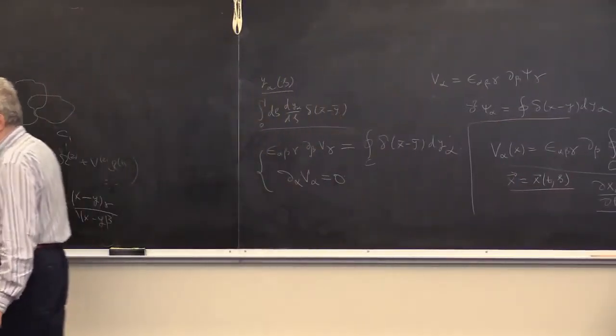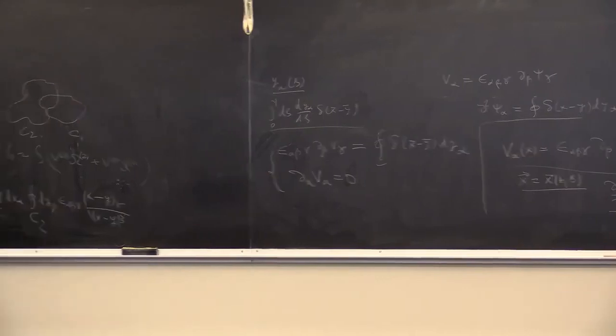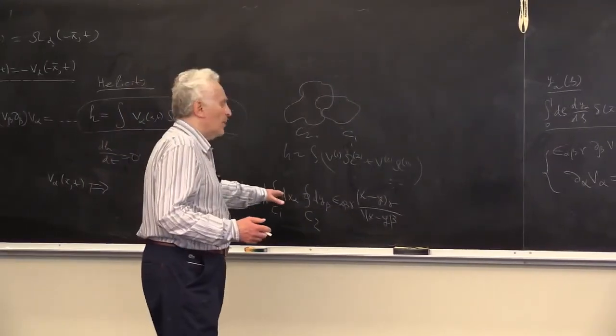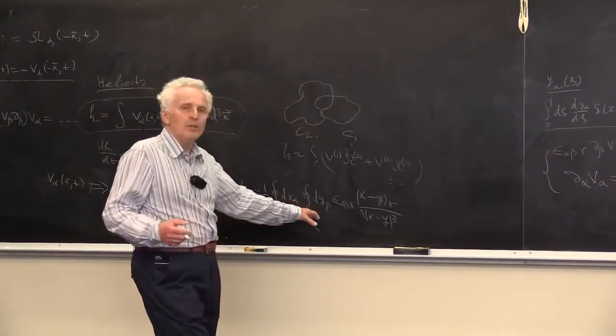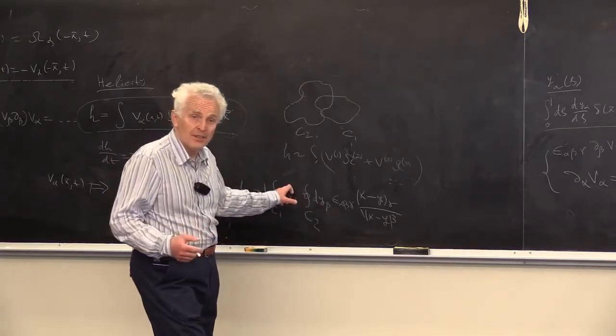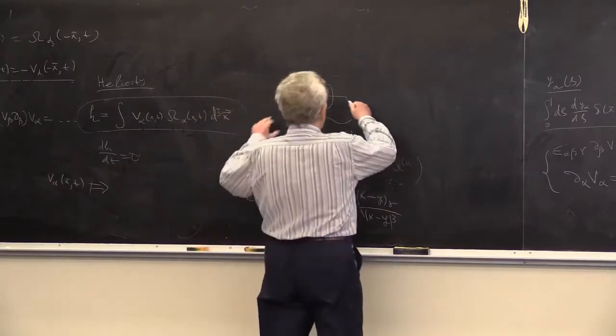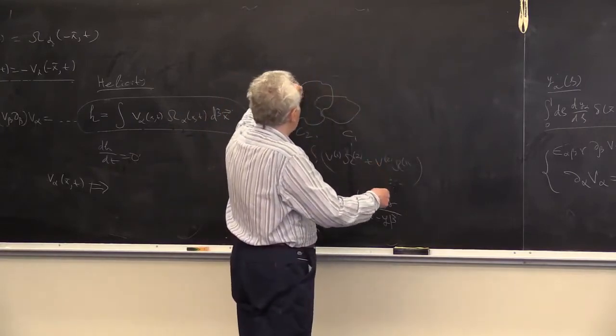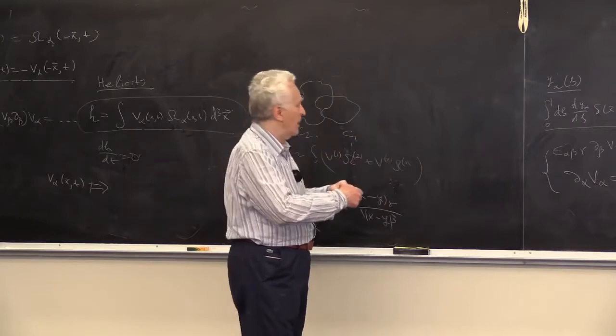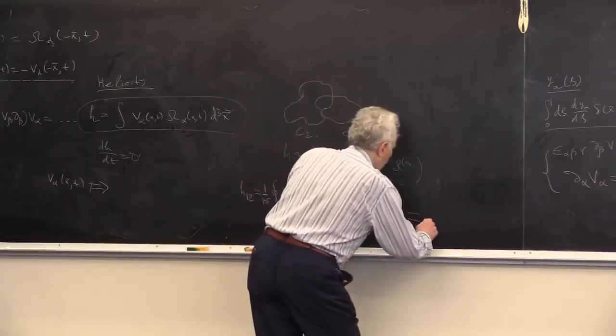This integral equals, first of all, for any smooth contour, an integer. And moreover, this integer is nothing but the way these two contours are linked. It's what is called the linking number.